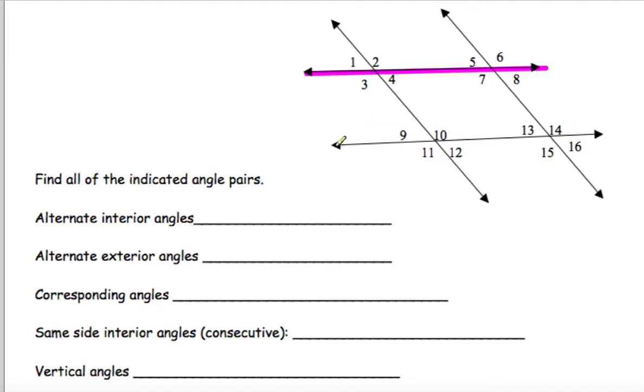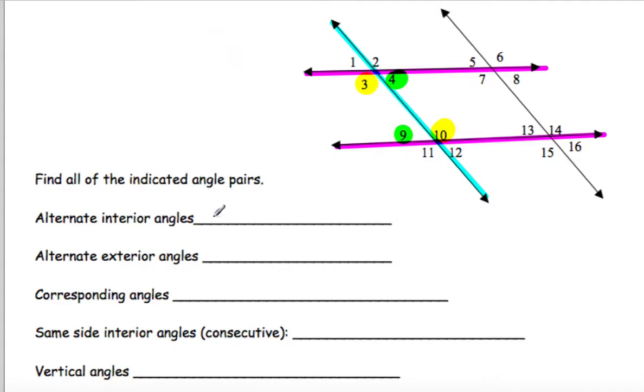So if I'm talking about these lines that I'm outlining in pink, then the transversal has 2 different pairs. Let's say I'm just talking about this one for right now with the pink and the teal. Its alternate interior pairs would be 3 and 10 would be one pair, and 4 and 9 would be another pair.